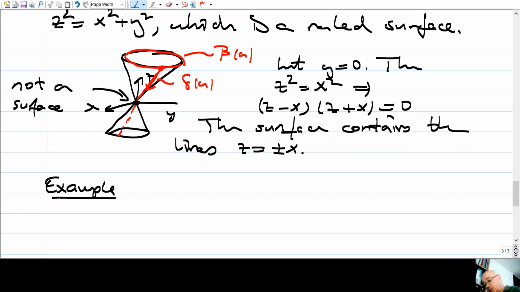Another example, which is a surface this time: z squared equals x squared plus y squared minus 1. So this is a surface like this.